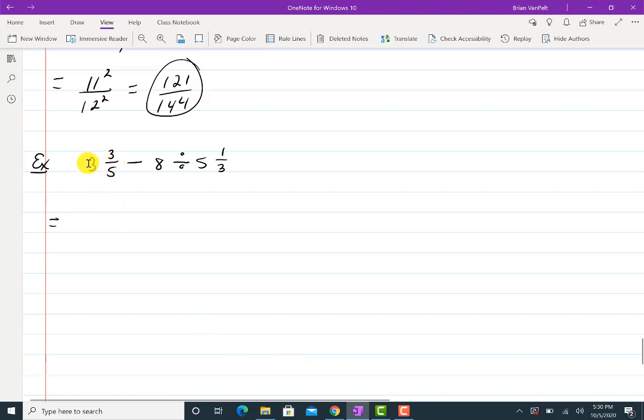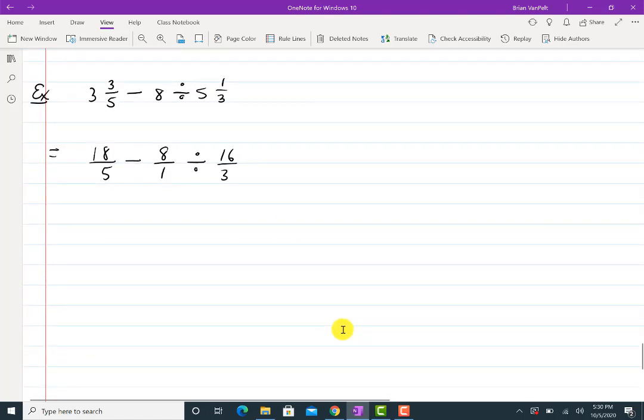So when I do 3 and 3/5, remember you do 3 times 5 is 15, plus that 3 makes it 18 over 5. You might as well make the 8 as 8 over 1 because you're going to be dealing with fractions anyways. And the 5 and 1/3, 5 times 3 is 15 plus 1 more is 16. So I get 16 over 3.